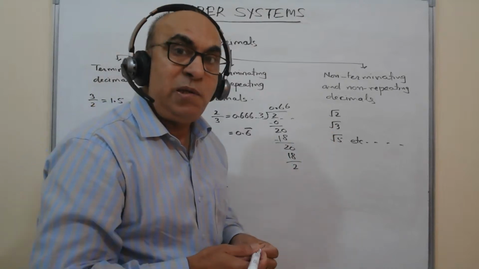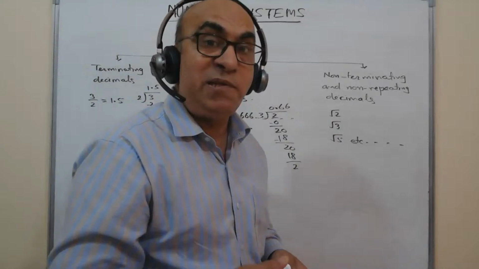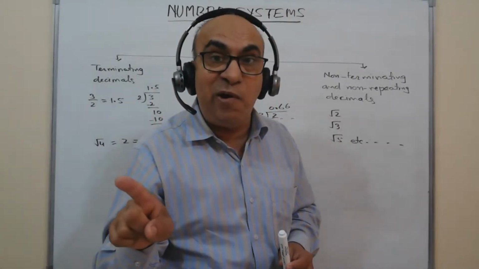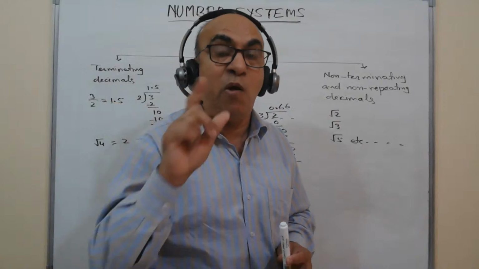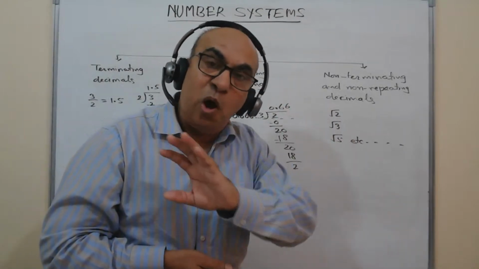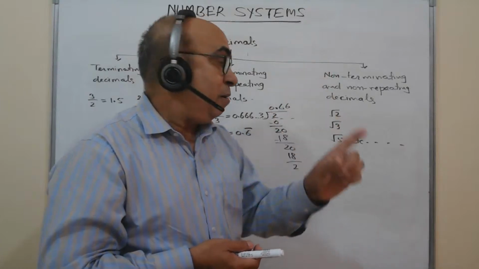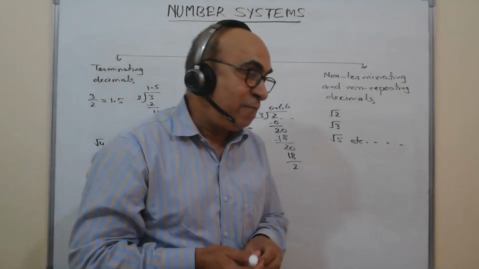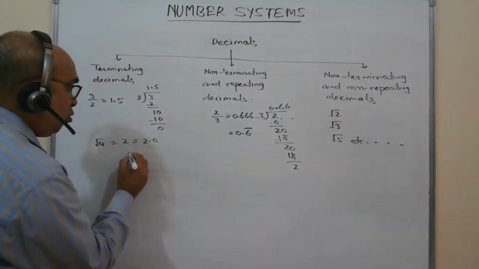And how to know it? If square root 9 is given, the value of square root 9 is exactly equal to 3, that is an integer. So now we can say the square root of a number which is not equal to any integer must be a non-terminating and non-repeating decimal.